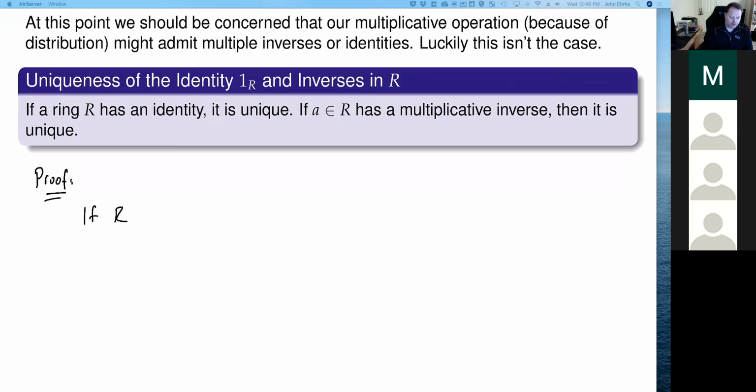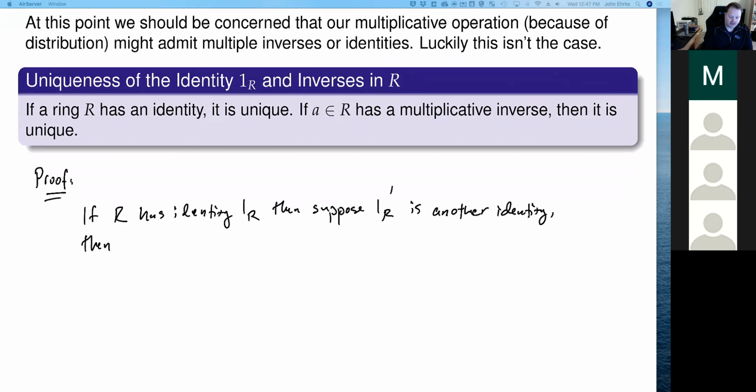If R has a multiplicative identity 1R, then suppose that 1R prime is another identity. Then you can say that 1R is equal to 1R times 1R prime.